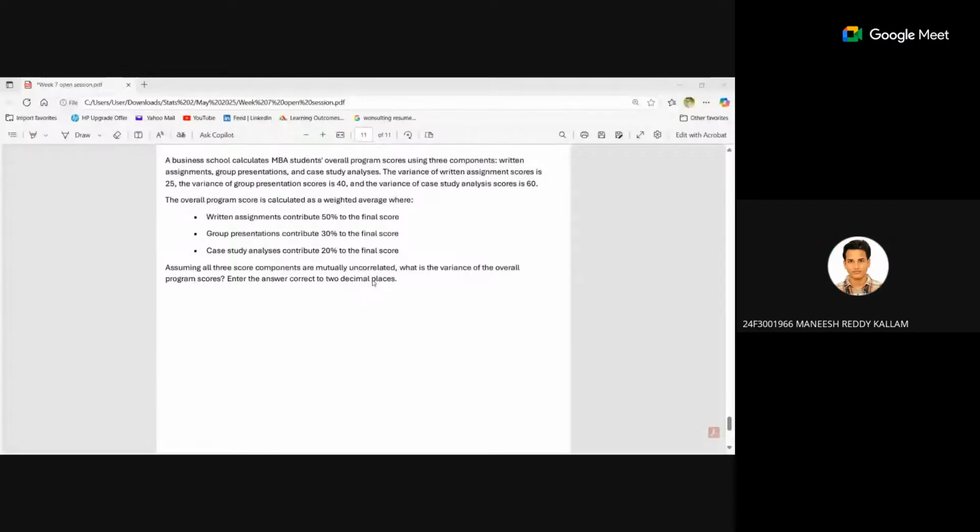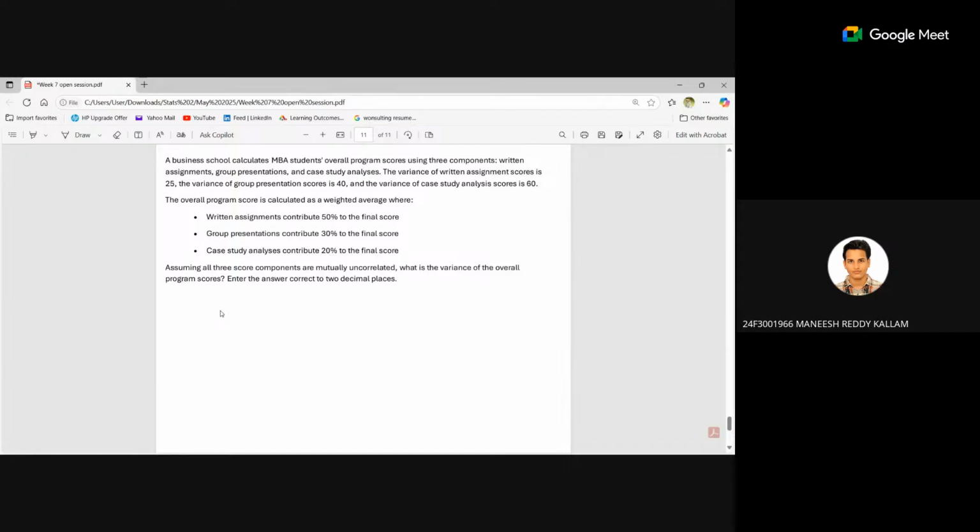Ma'am, is it 12.25? Correct. So how did you solve this? It is given that variance is in the form of different additions of variance, like a sum of variances, and each variance contribution is also given, which is 50%, 30%, 20%.